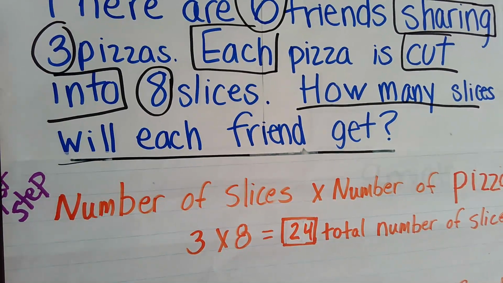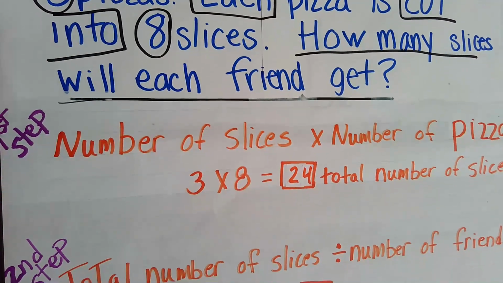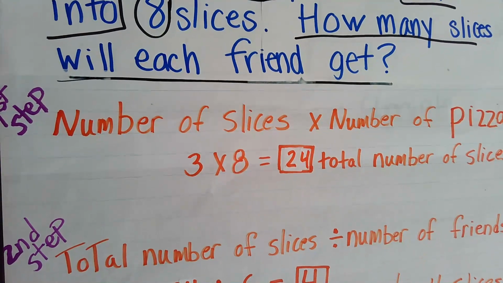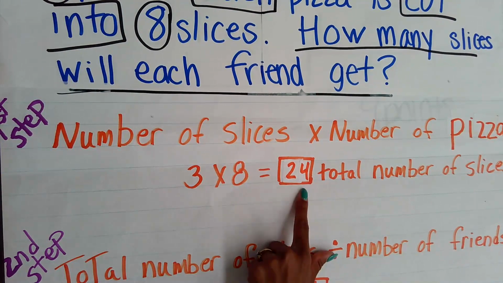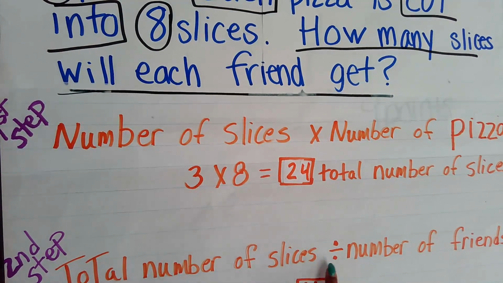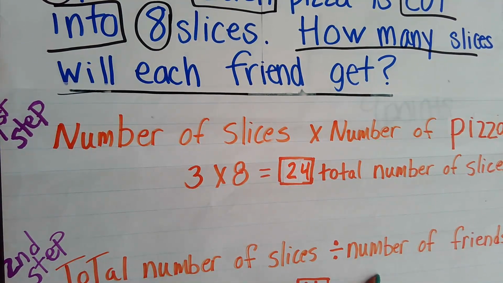Once I have that 24, we can then think about our second step. I know there are 24 slices total. So then I need to figure out how many slices each friend is going to get. And we want each friend to get an equal amount of slices. So I need to take the total number of slices, which we just figured out in step 1, and then divide it by the number of friends because we are putting them into equal groups.